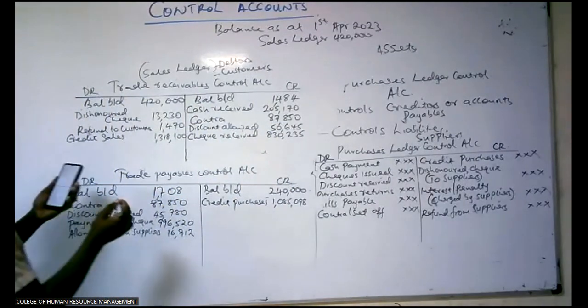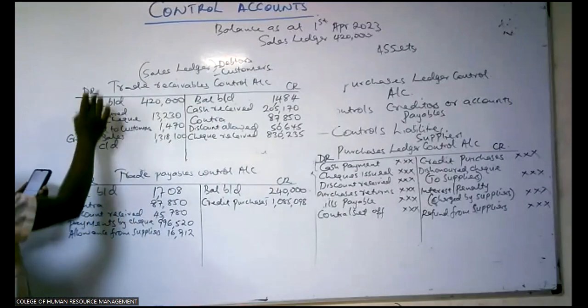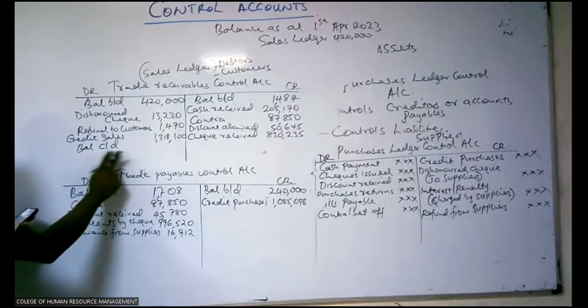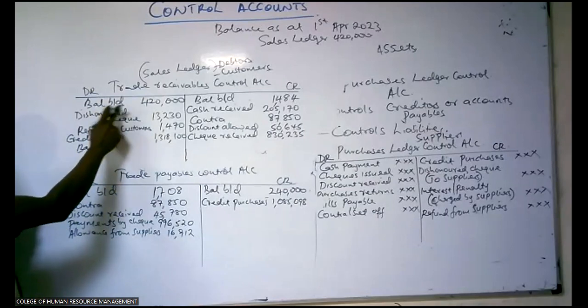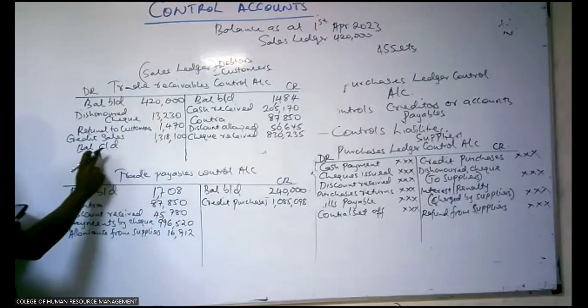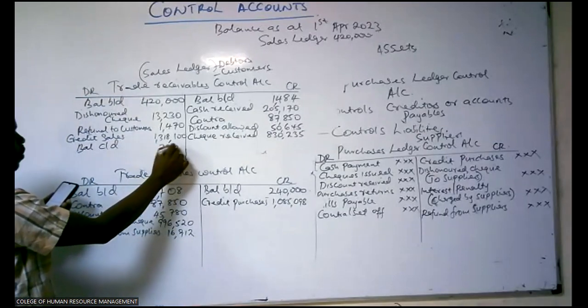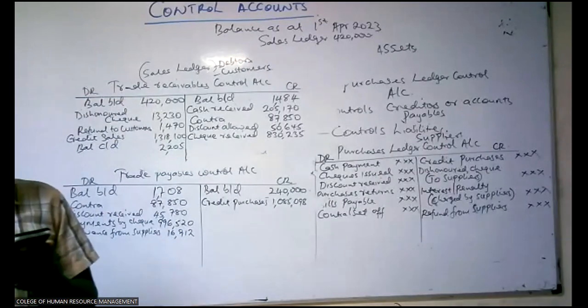So you need to come here and say, balance carried down on the debit. The closing balances will always be carried down at the end. For the start, it is brought down or brought forward. This one is carried down, put 22 for the trade receivables.